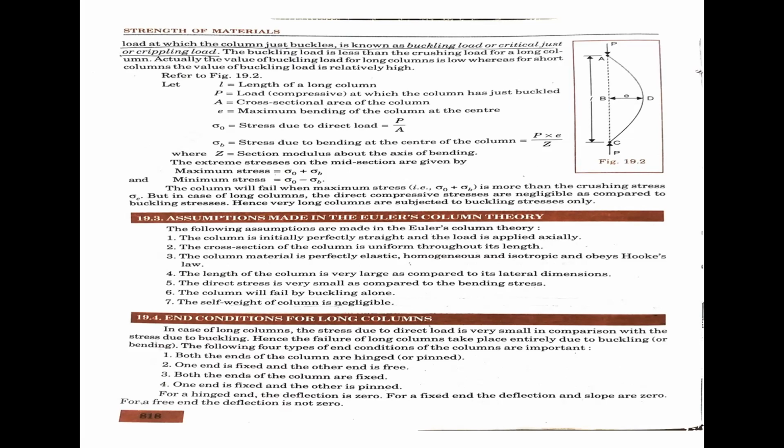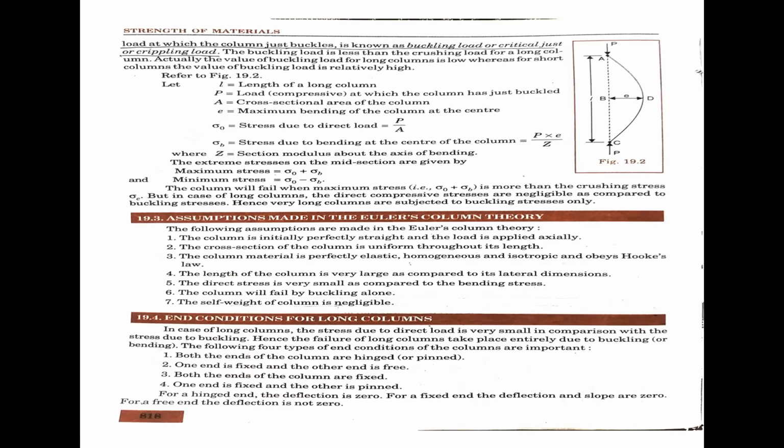Actually, the value of buckling load for a long column is low, whereas for a short column, the value of buckling load is relatively high. Do you understand that sentence? Buckling load is low for a long column; for a short column, buckling load is relatively high.